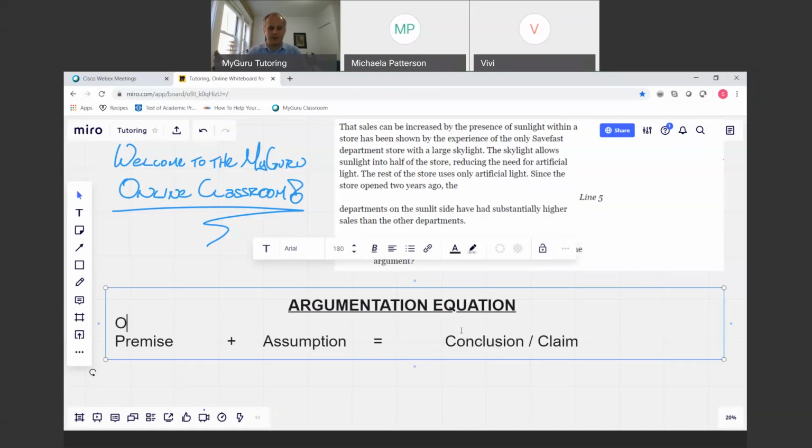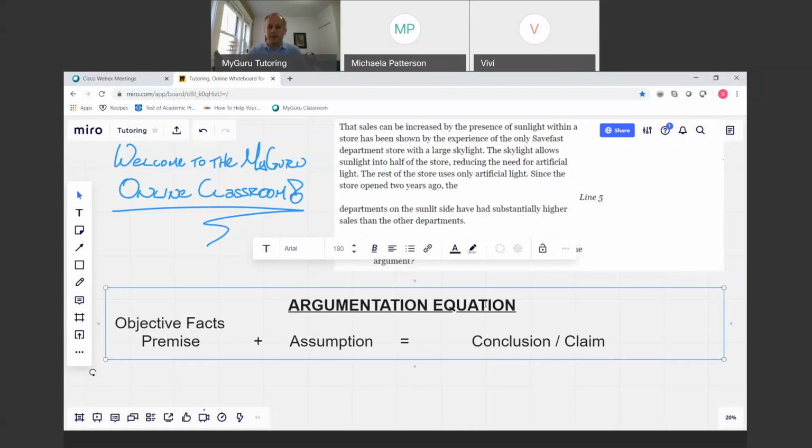The premise are your objective facts. When you consider your premise, you shouldn't be able to really quibble with said objective facts. They are just assumed to be accurate.